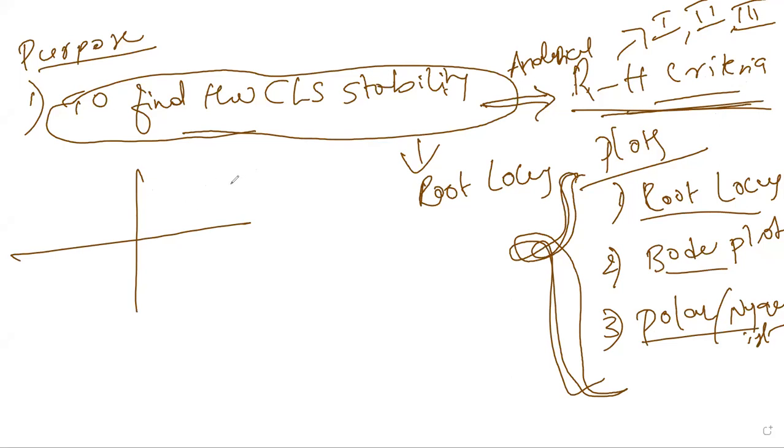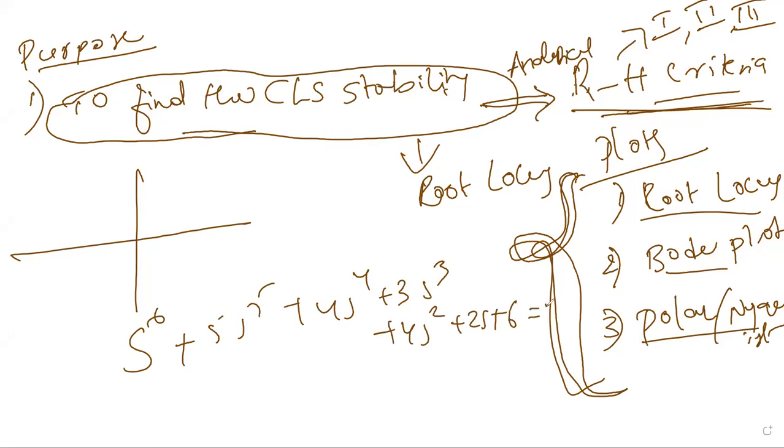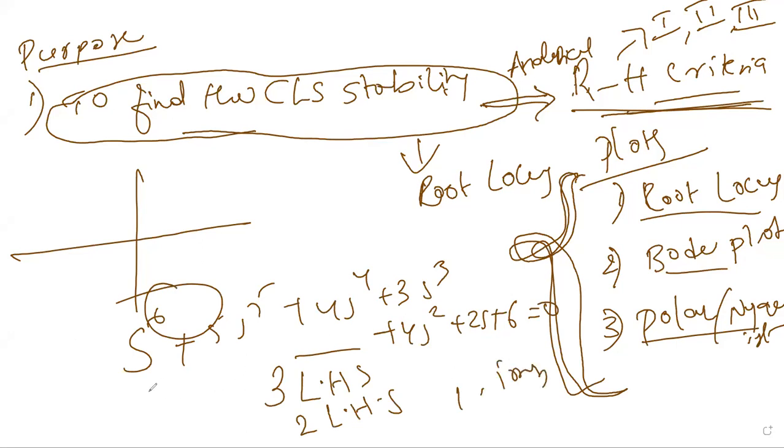Suppose you take any characteristic equation like this. After solving the stability of this system using RH criteria, generally we comment like this: 3 roots are lying on the left hand side, 2 roots on the right hand side, and 1 on the imaginary axis, or 4 on the left hand side, or 2 on the right hand side, or all 6 roots on the left hand side, right?